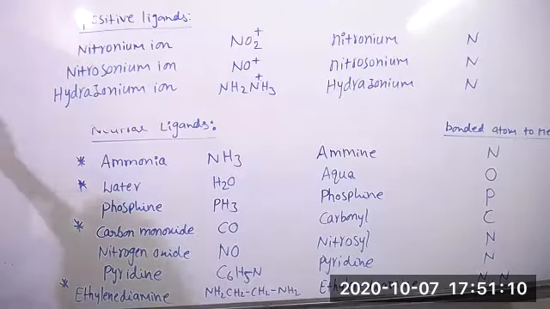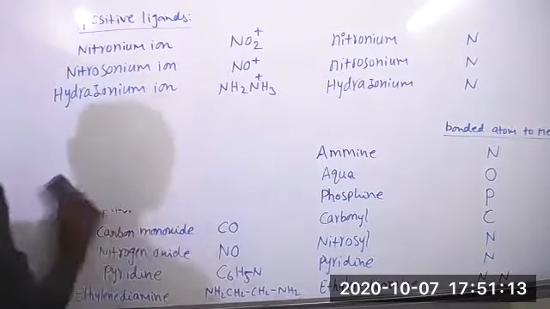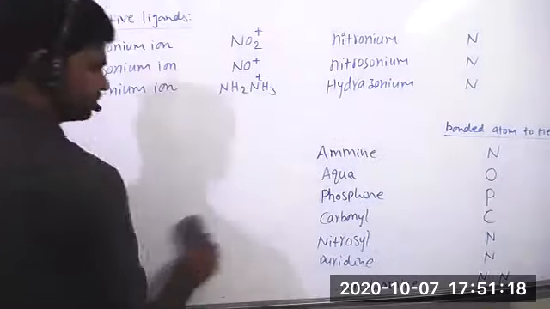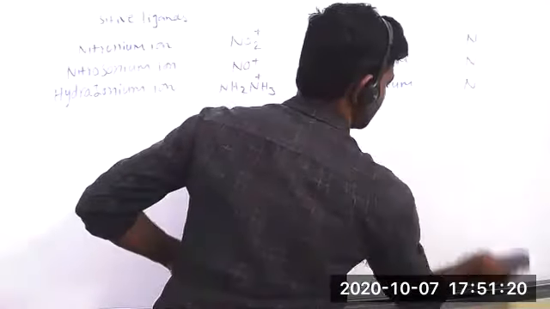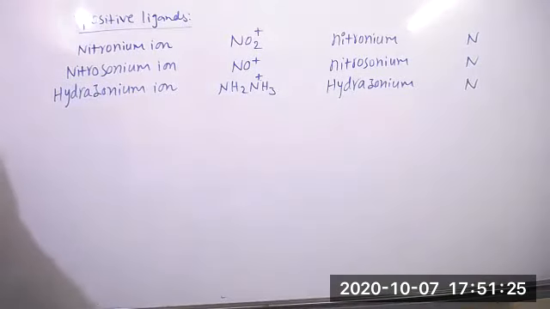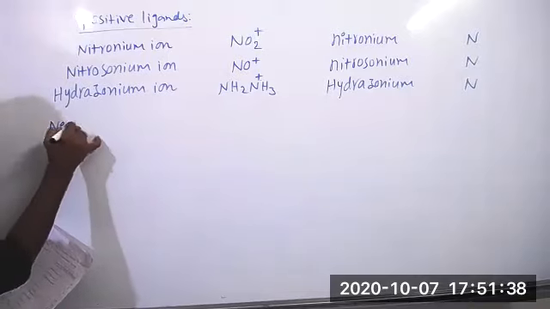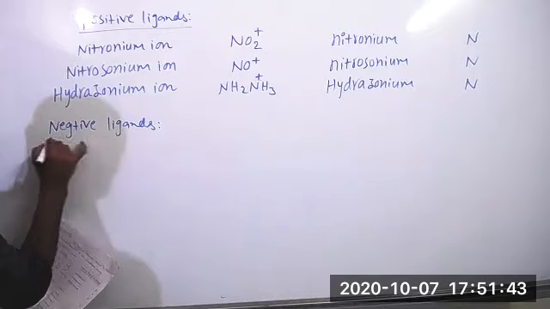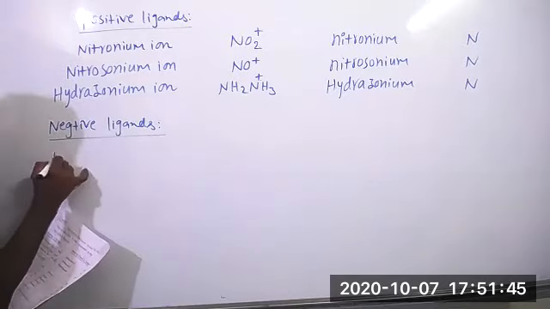Okay, next, negative ligands. First one, halide ions.